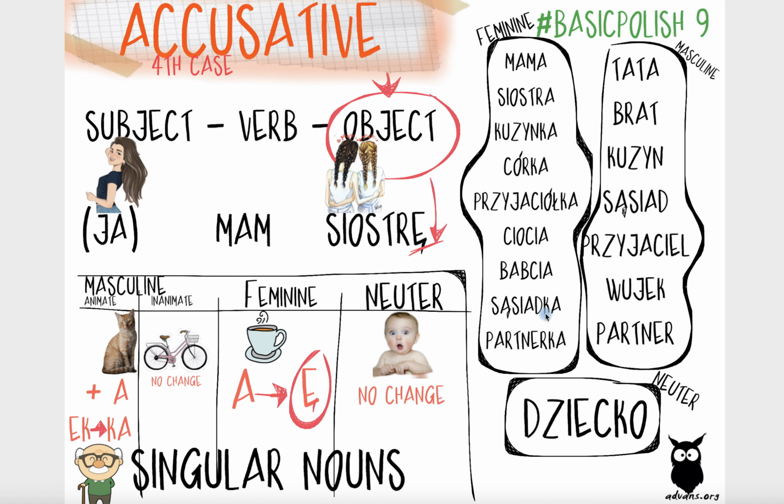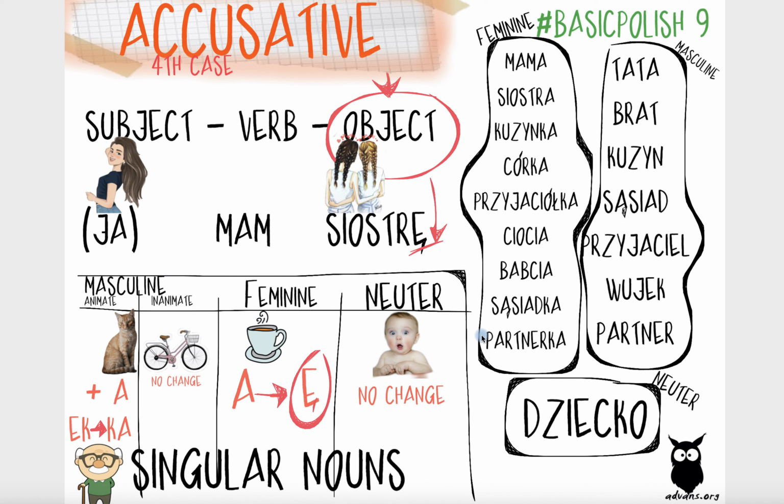It will match this unvoiced consonant. Sąsiadka. Female neighbor. I have a neighbor. Mam sąsiadkę.